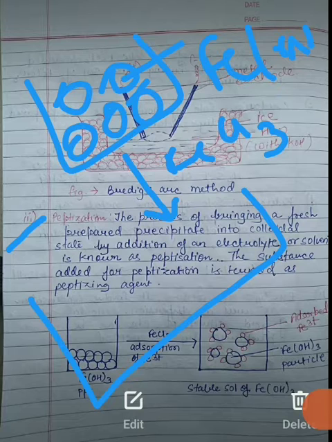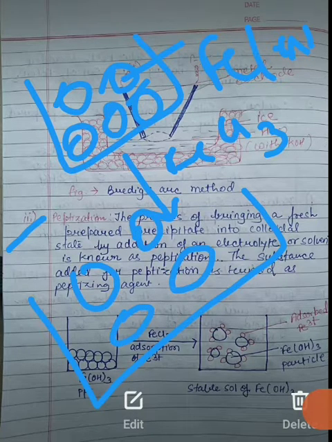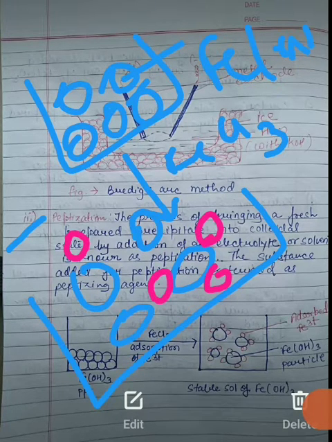Here you can see the precipitate of Fe(OH)3 particles, and over this the Fe3+ ions adsorb on the surface of Fe(OH)3. This is called adsorption, and by this process peptization takes place. Peptization is simply the conversion of a freshly prepared precipitate into colloidal state.